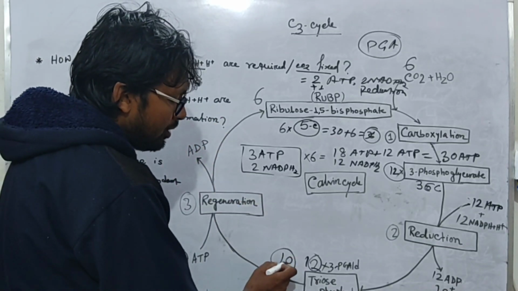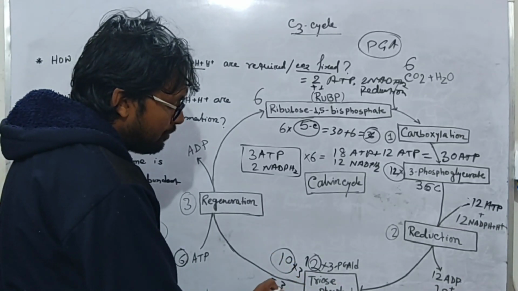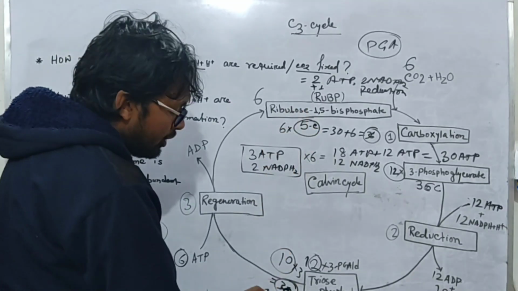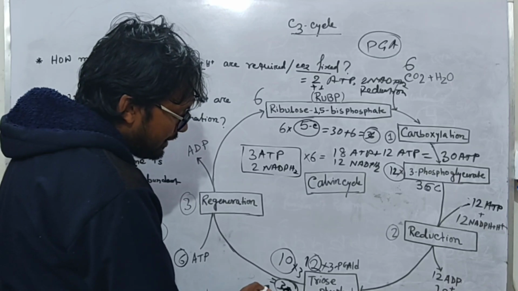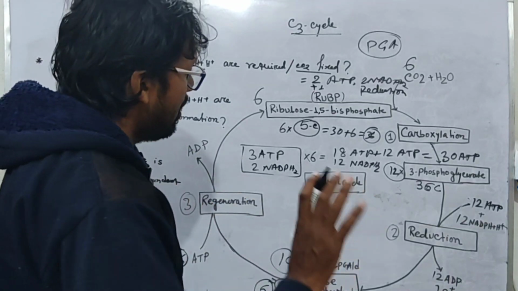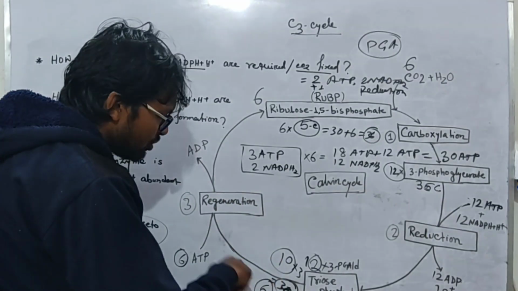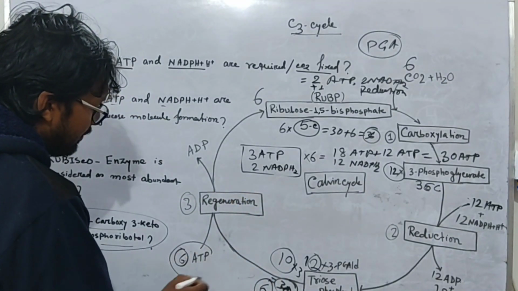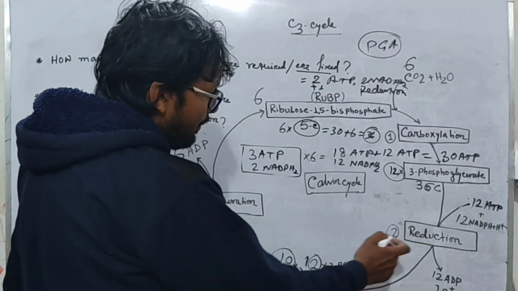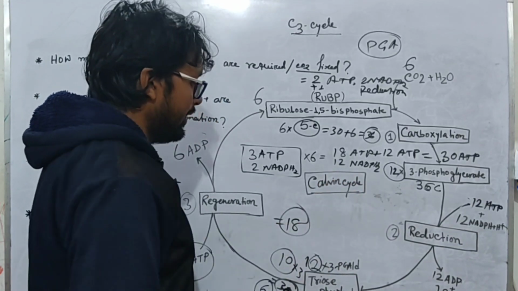So 10 molecules of a 3-carbon compound is 30 carbons, which will be converted into 5-carbon compounds, so 6 molecules of ribulose 1,5-bisphosphate will be regenerated. This regeneration requires 6 additional ATP molecules. So 12 ATP plus 6 ATP, a total of 18 molecules of ATP is required in this case.